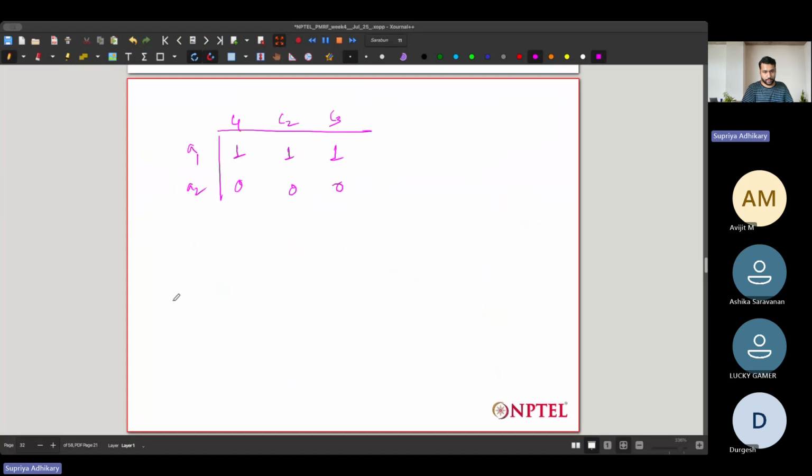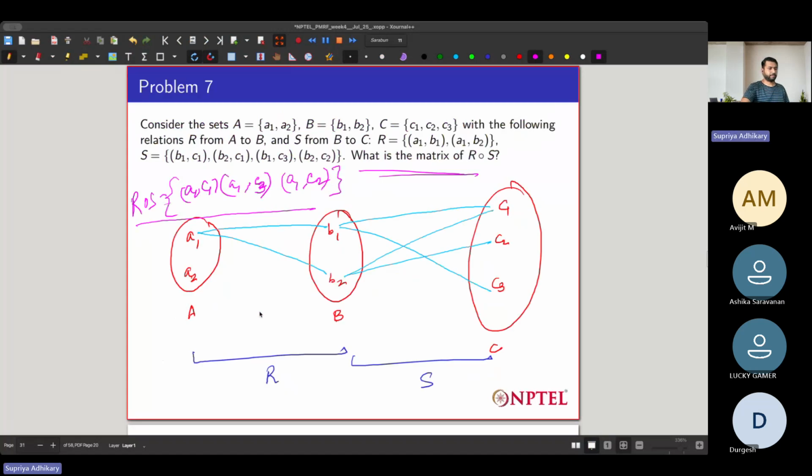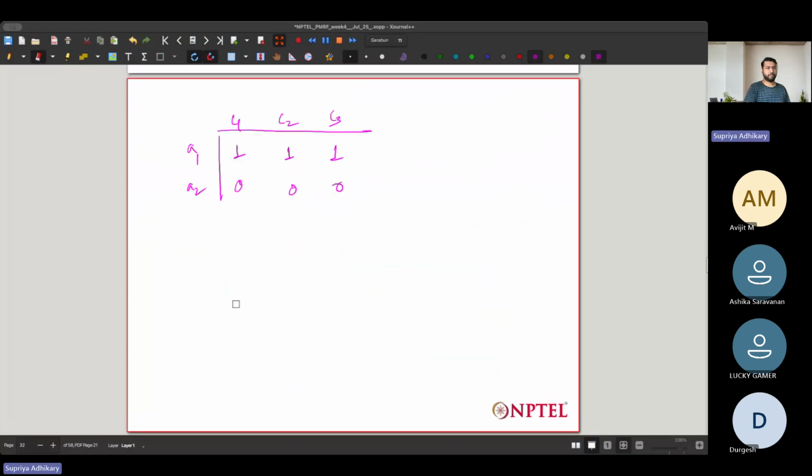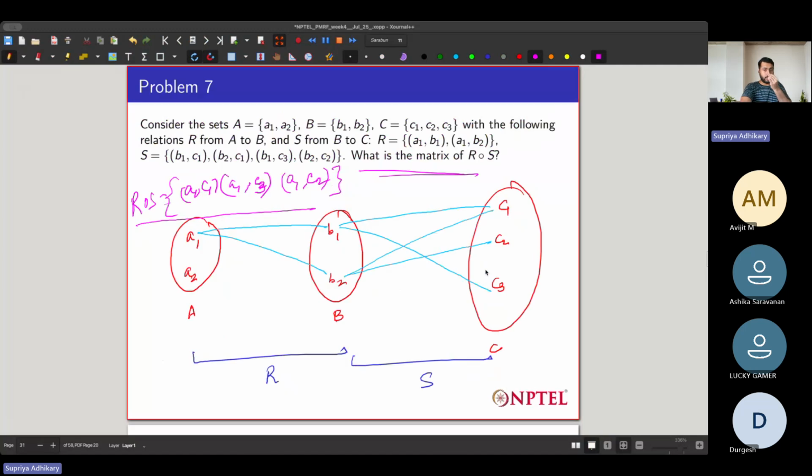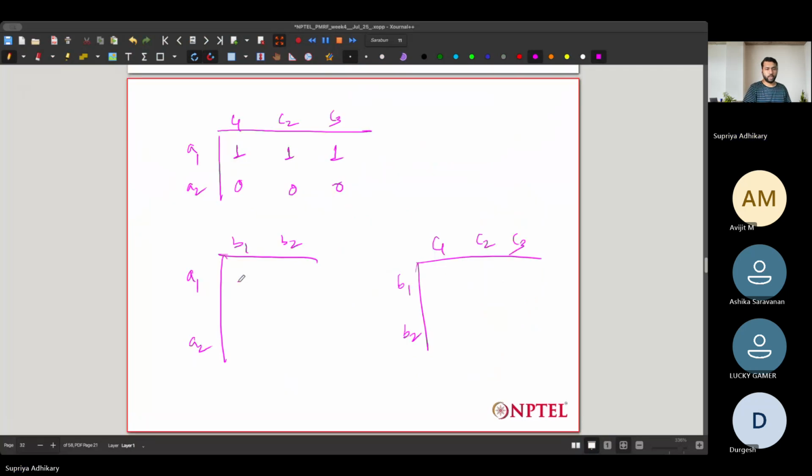For this, we just find the matrix corresponding to R and the matrix corresponding to S. So for R, as you can see, A1 B1 and A1 B2 are the only values over there.